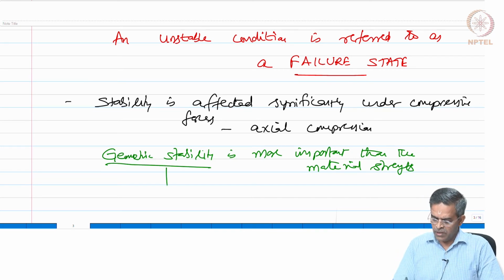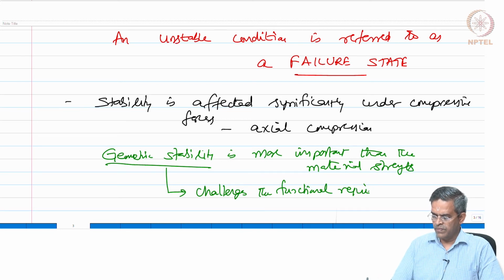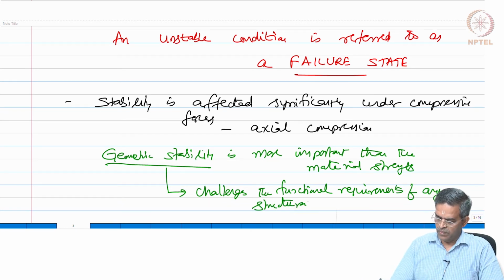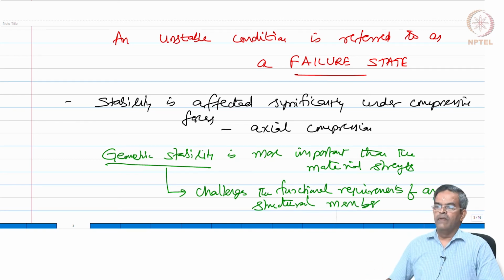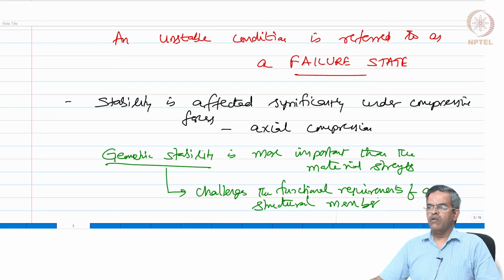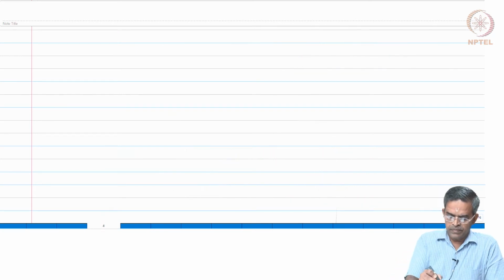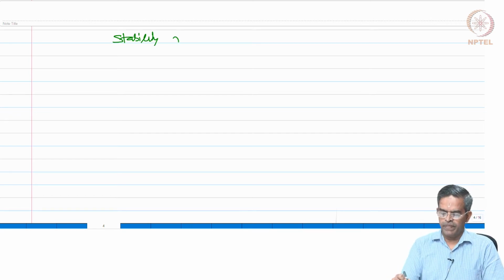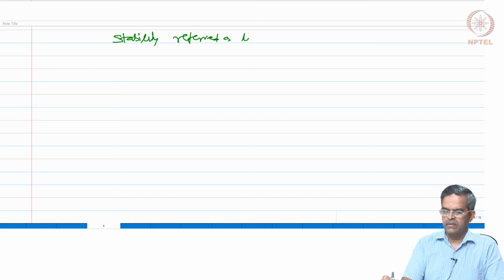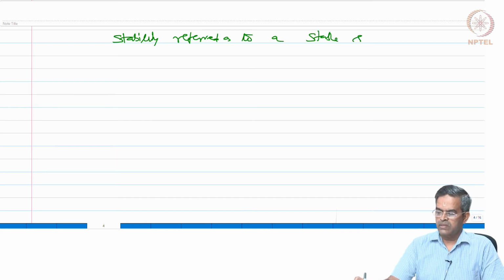Therefore, geometric stability challenges the functional requirements of any member, therefore, stability is always referred to as a stable state of equilibrium.